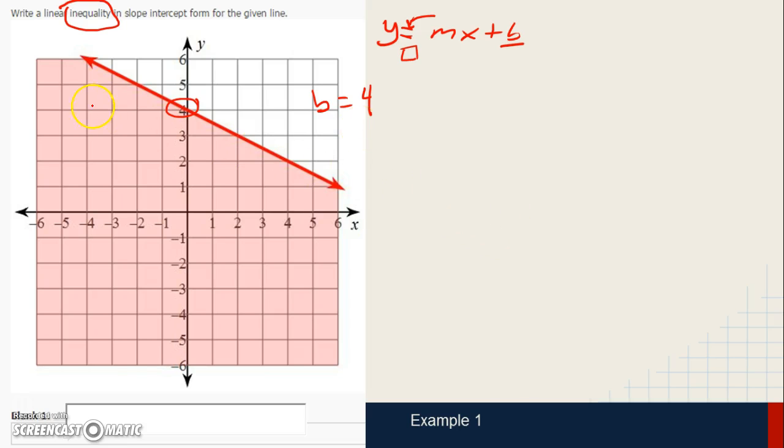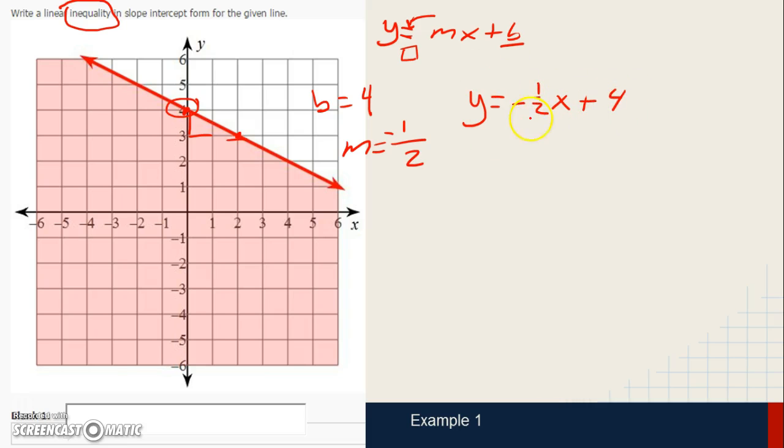Similarly, we can find our slope by beginning at 4 and moving down and over till we hit a corner again. Again, we go a rise of 1, a run of 2, and tracing from left to right, this is a negative slope. As we begin to put the equation together, we can say that y equals negative 1/2 x plus 4.